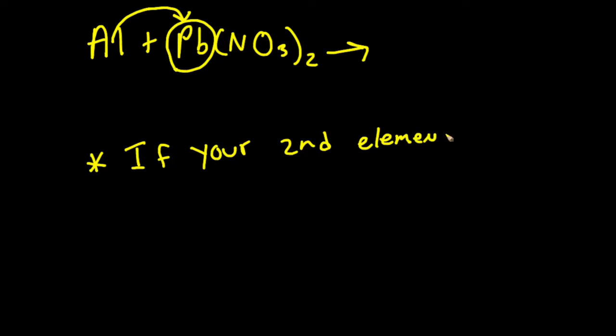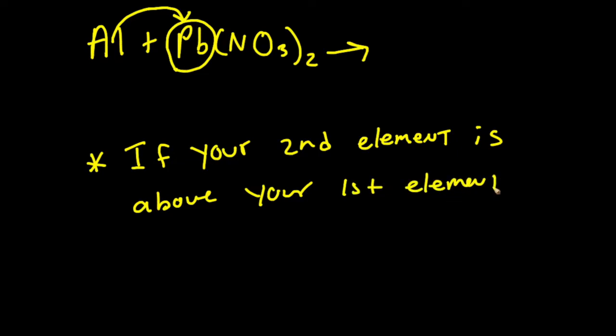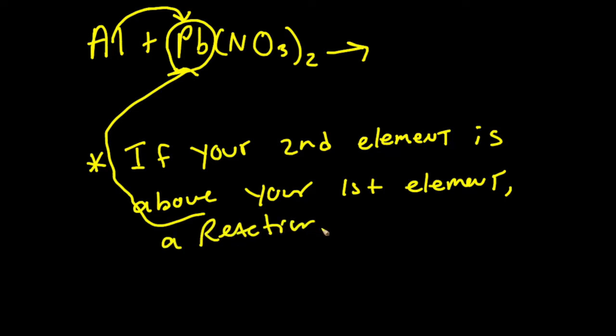Remember, element meaning halogen or metal, is above your first element, and when I say first element, I mean the element that starts in the compound, a reaction will occur. Very important.